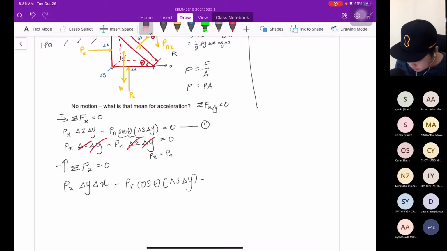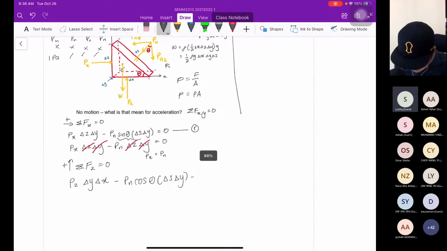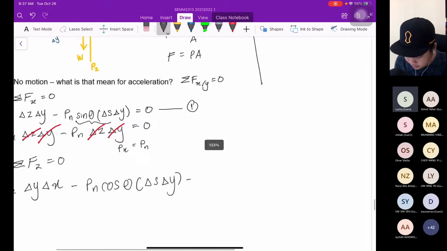From here, I want to directly put the weight here. Doctor, for the Px equal to Pn, is it Pn or Pnx? The first equation, Px equal to Pn, is it Pn or Pnx? Okay, the X is a small subscript. Oh, the N is a subscript.